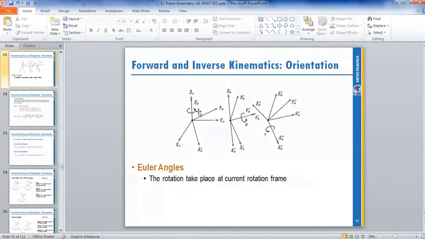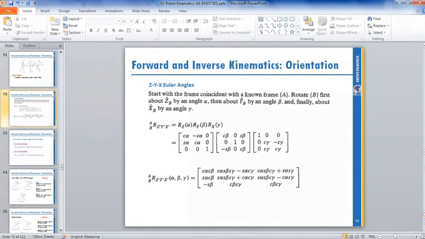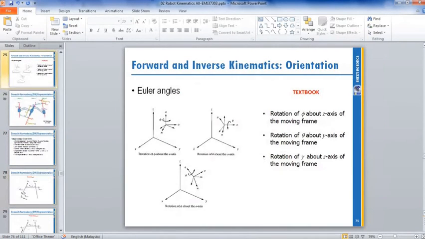Rotate at Z, then rotate at Y axis, and this one rotate at X axis. So rotate all axes: rotate Z, rotate Y, rotate X. So you have one matrix. This one is almost similar to the DH method in its calculation.